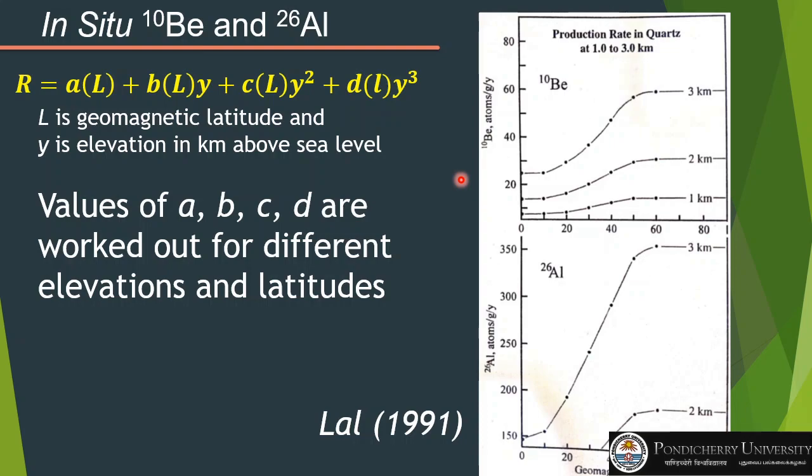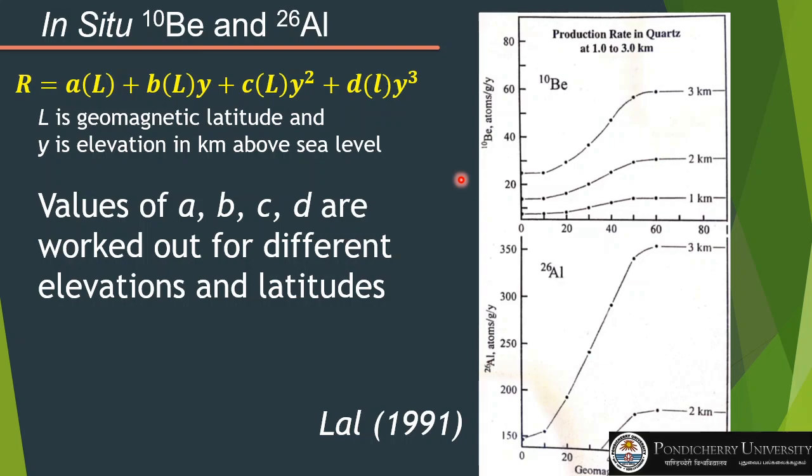Quartz is also not so much chemically weathered, because many other minerals could chemically weather and change the amount of cosmogenic nuclei which were originally produced. Quartz is resistant enough to chemical weathering.